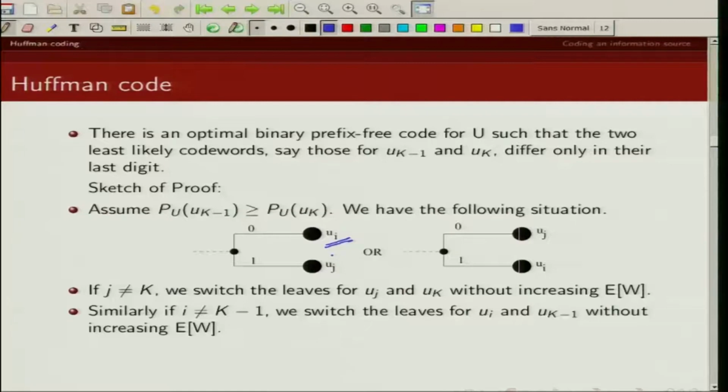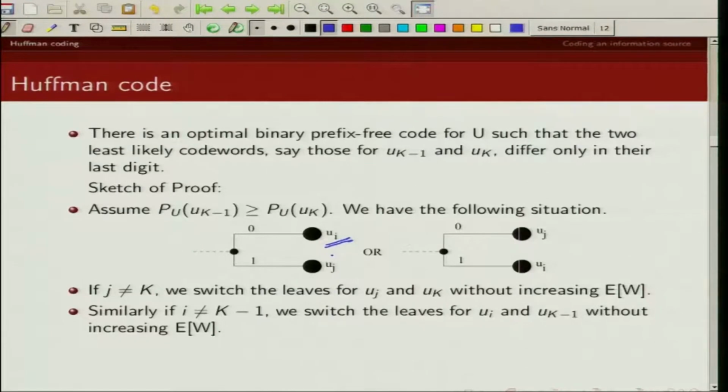So what I have shown you is that I can have a situation where these two least likely code words are part of the leaves at the highest depth, and this will result in the minimum average code word length.